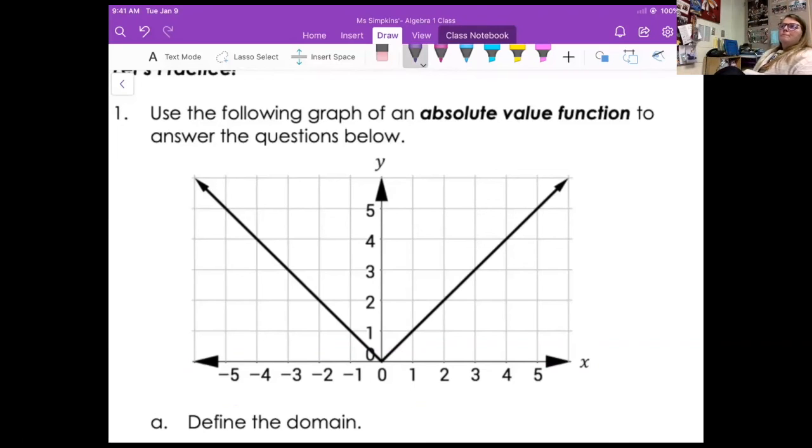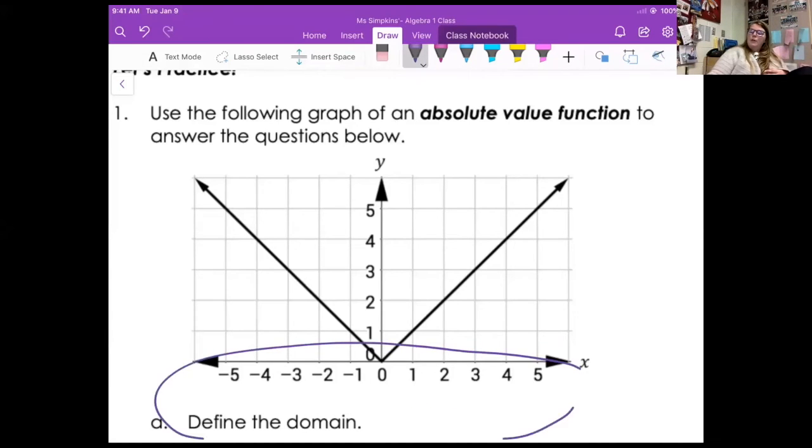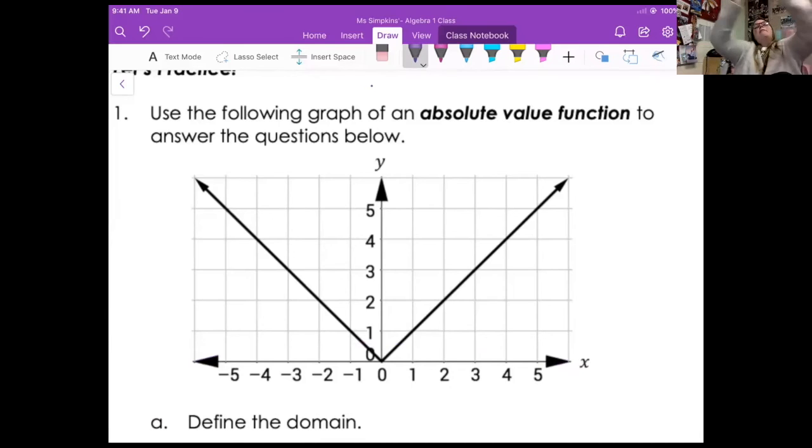Because the answer to all absolute value problems is what kind of numbers? Positive. I can't get an answer to an absolute value question that's going to give me something negative. So that's why all of my y values on my y-axis are positive numbers. I can take the absolute value of negative numbers, but my answer can't be negative. So the entire graph is above the x-axis, all positives or zero.